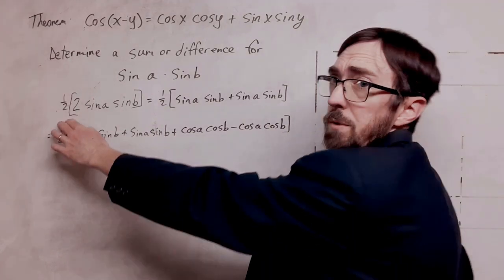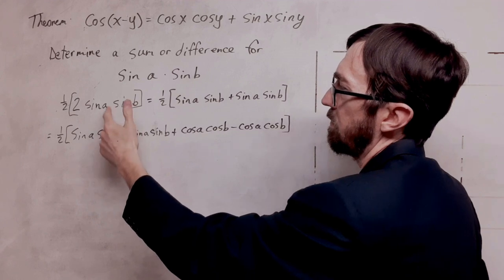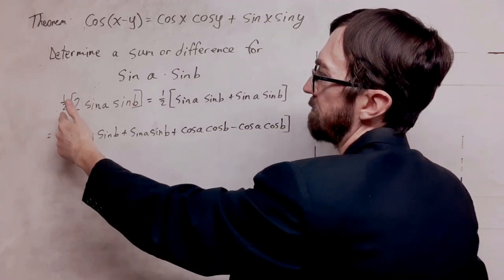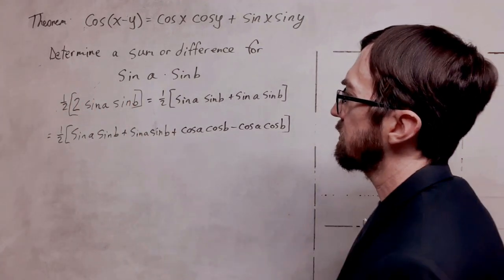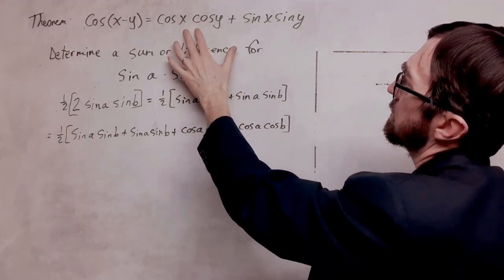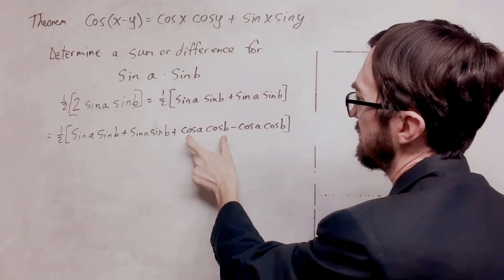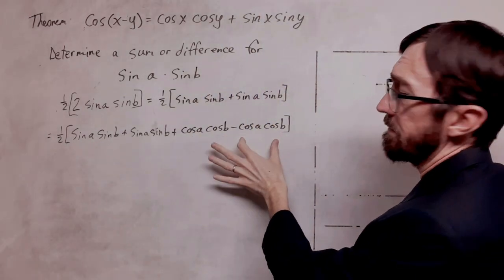So just like we did up here when we multiplied by a term that we were going to need and then multiplied by its inverse, so that goes to 1, we need a cosine added in here. So we're going to add that cosine in, but then we immediately subtract out the same value.